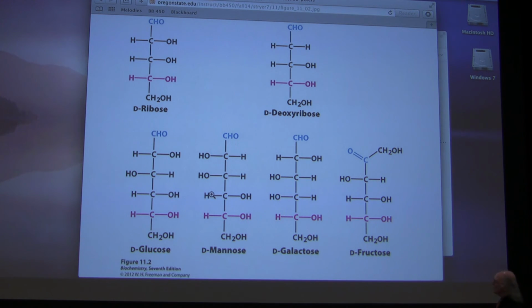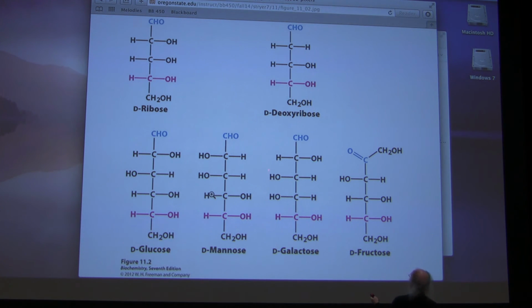Glucose. If you memorize the structure of glucose, you get the others pretty easily. When I was in college, I had to memorize the structure of glucose, and I remember glucose was right, left, right, right. Right, left, right, right. Okay? Galactose is just like glucose, except it differs in the configuration at this carbon right here.